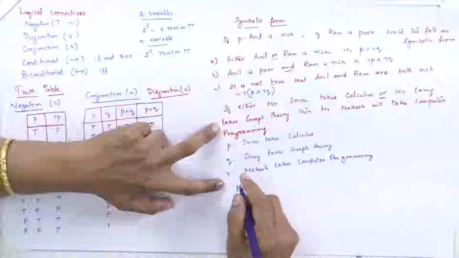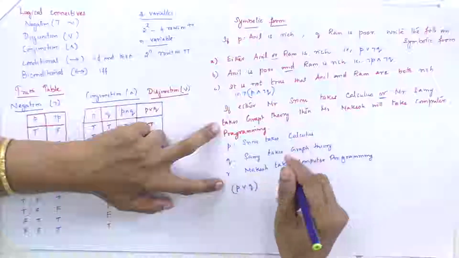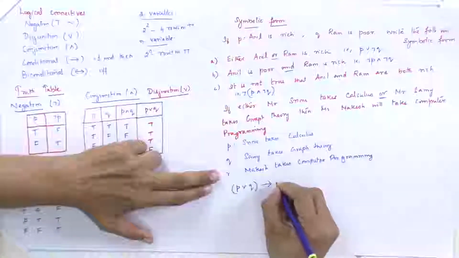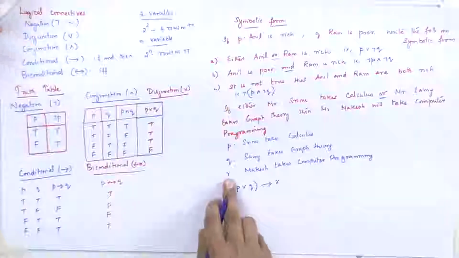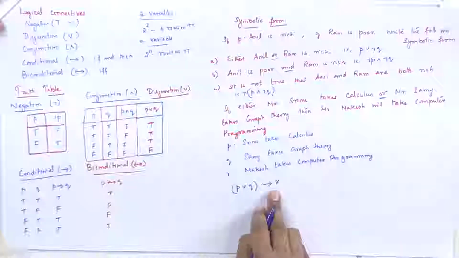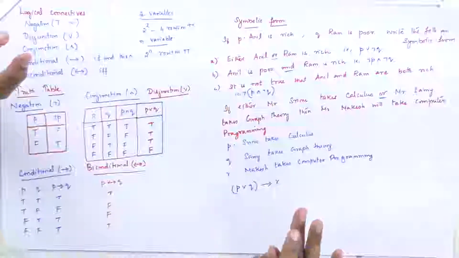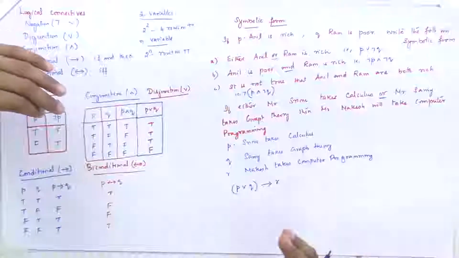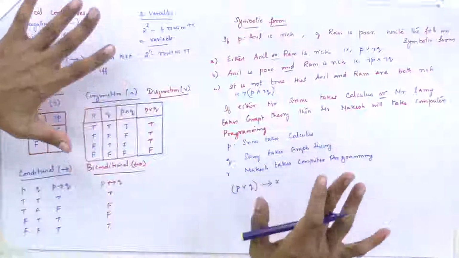So if this is so, then, is a conditional statement. Mr. Magesh will take computer programming is R. So the only thing is that we must be aware of all the basic logical connectives, and we will have to suitably replace those connectives in the given statement.